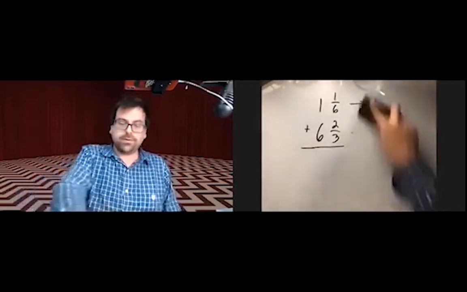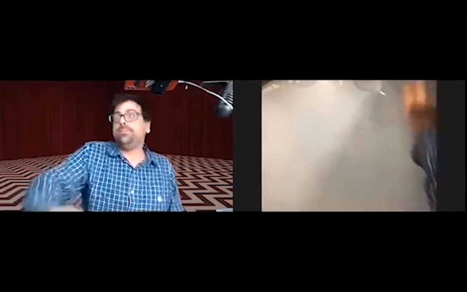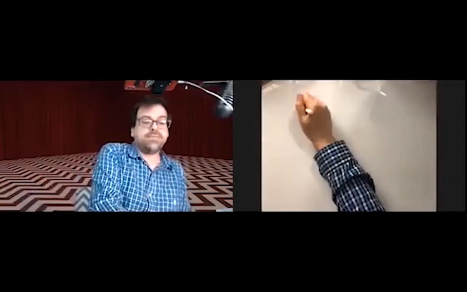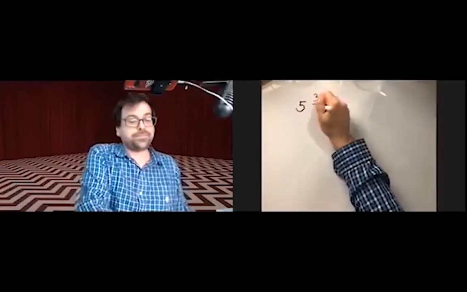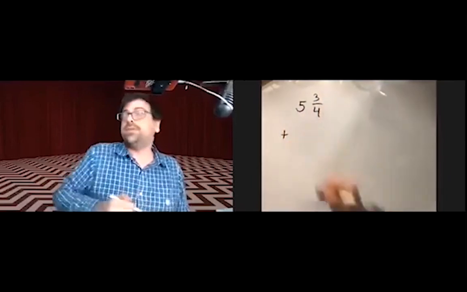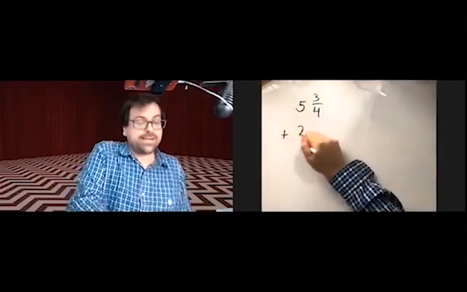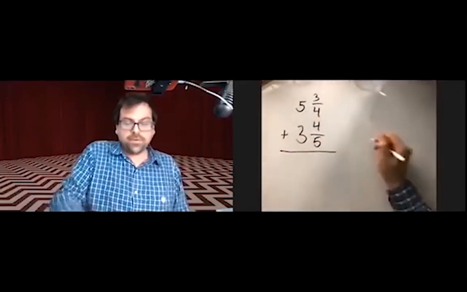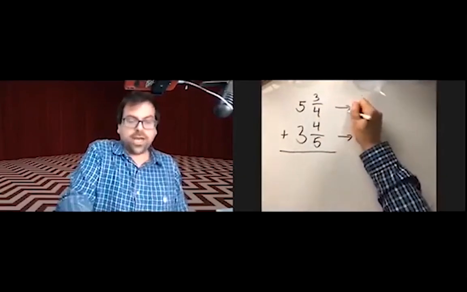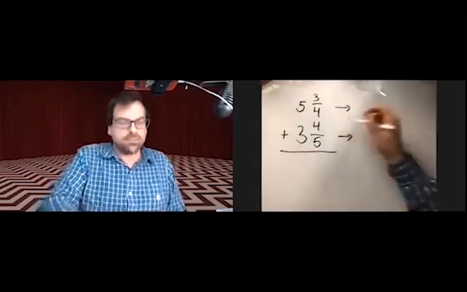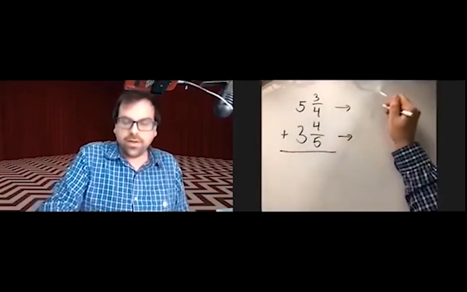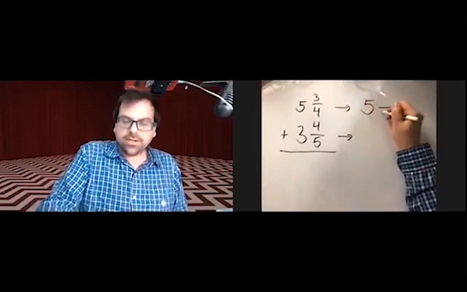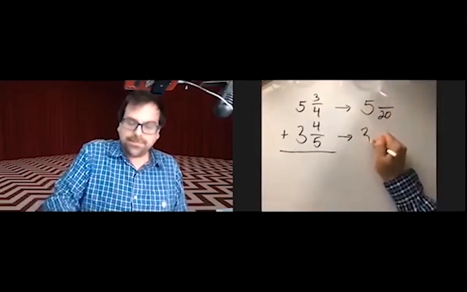Let's do another. Our next one's going to be given as 5 3/4 plus 3 4/5. We need to change them so that they have a common denominator. And for 4 and 5, that denominator is going to be 20.